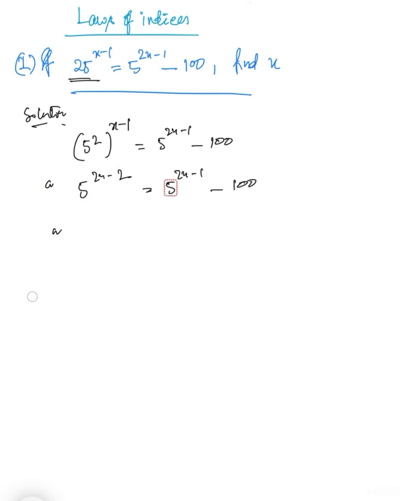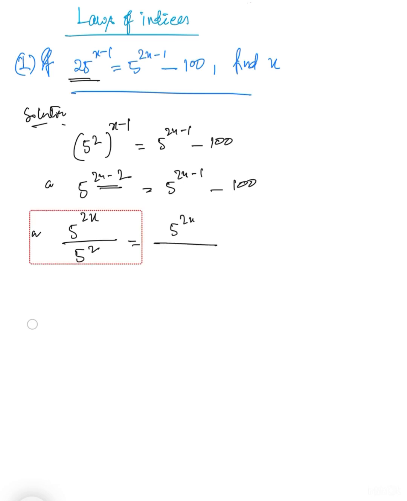Okay. So this 2x minus 2 can be written as 5 to the power 2x by 5 to the power 2, and 5 to the power 2x by 5 to the power 1 on the right hand side minus 100.